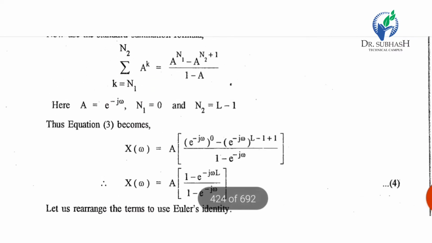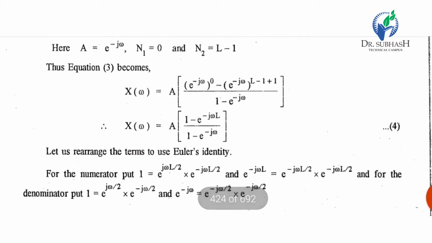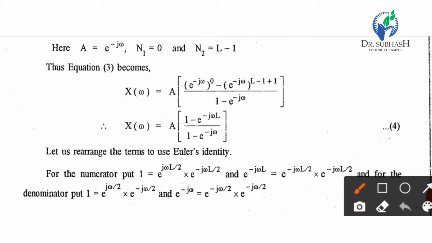In our example, a equal to e raised to minus j omega, n1 equal to the lower limit 0, and n2 equal to L minus 1.